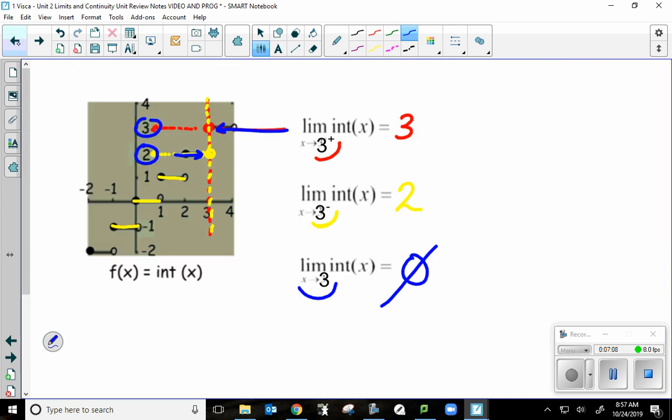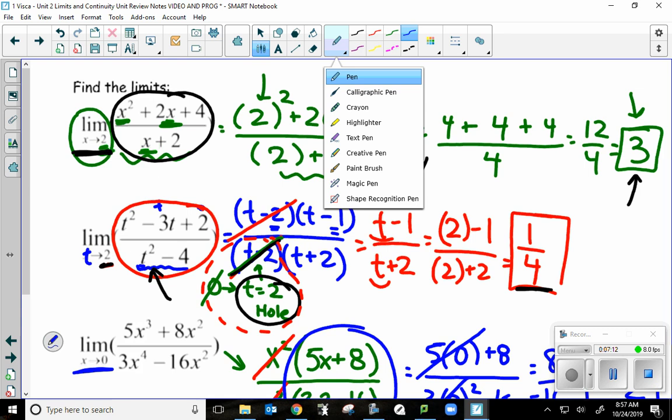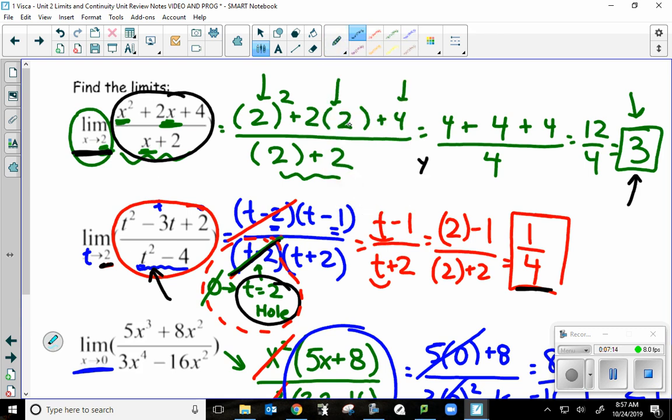In fact, we did one here, but it's still a mess. This whole mess right here. We started out with t squared minus 3t plus 2 over t squared minus 4. I factored it into t minus 2 times t minus 1 up top and t minus 2, t plus 2 on the bottom. Now what happened was my t minus 2's canceled.